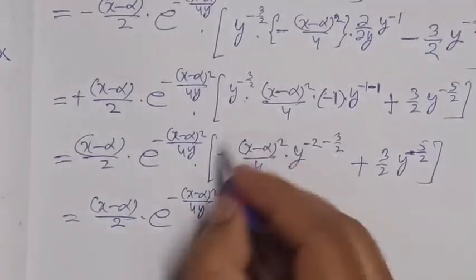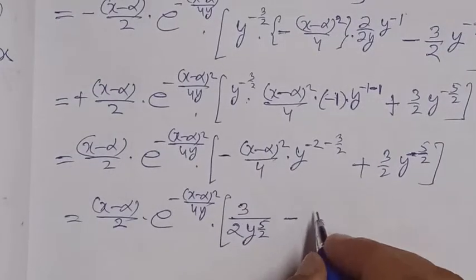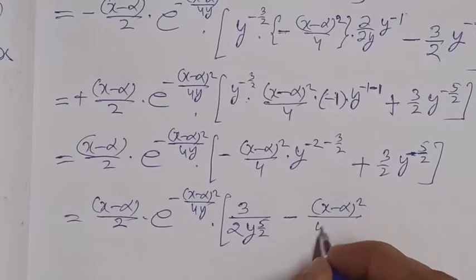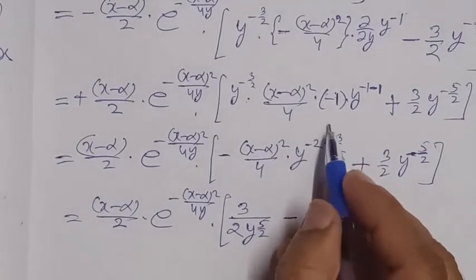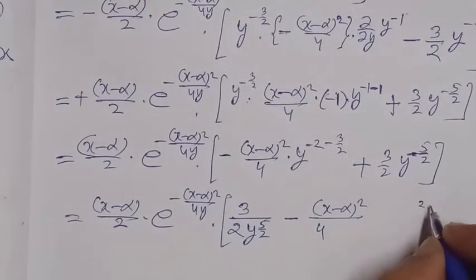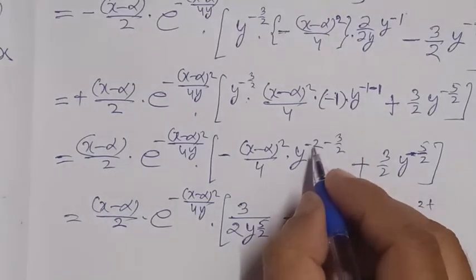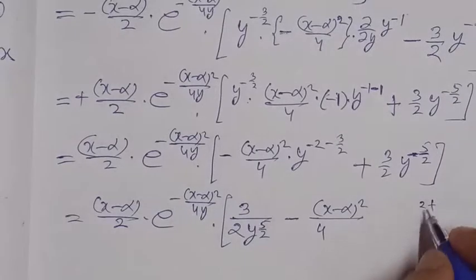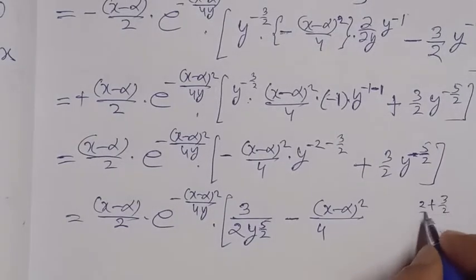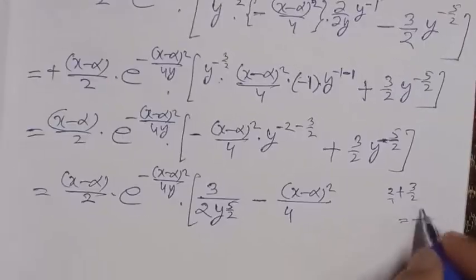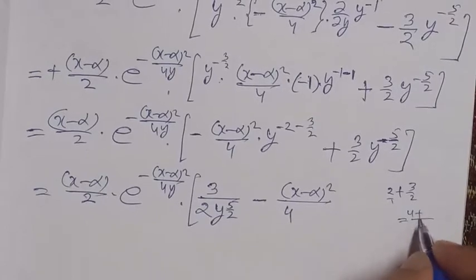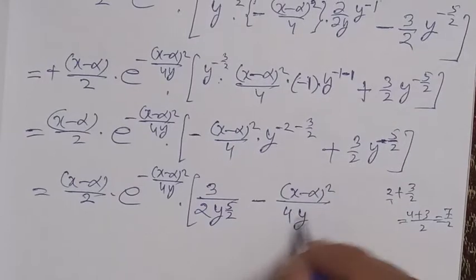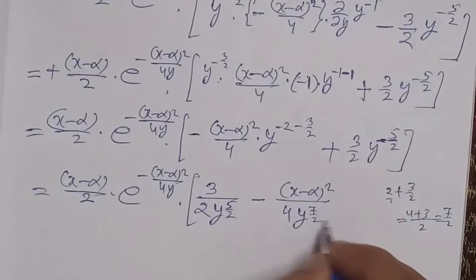And right now this negative value, minus x minus alpha whole square upon 4, and also add this value 2, and when we take it to the denominator, it becomes plus 2 and 3 by 2. On adding these values, we can take LCM: 2 into 2 is 4 plus 3 which is 7 by 2, so we can write in the denominator 7 by 2 here.